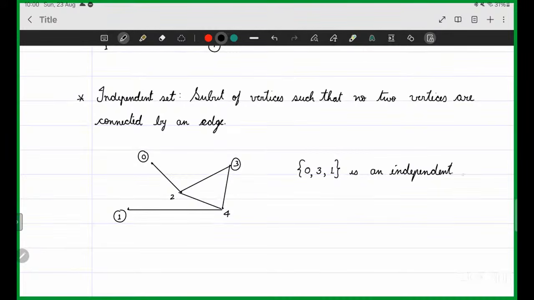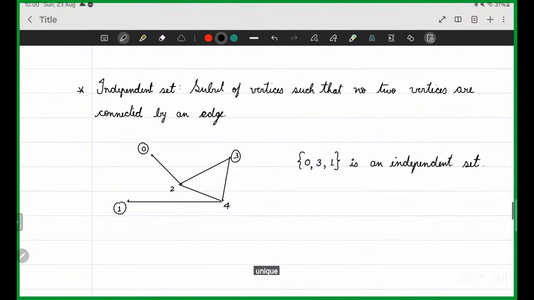Once again, the independent sets are not unique. If I start with 2, what happens? I can use only 1. Only 1 is the continuation possible, and that is an independent set.